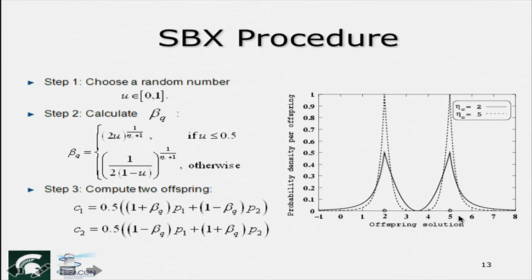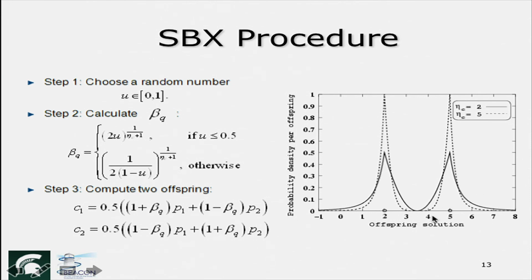So if you have 2 and 5, 2 plus 5, 7 by 2, 3.5 has a 0 probability to be created as a child. But slightly left or right of that is okay. There is a probability, and then there is a finite probability as you go away. As you are coming towards 2 and as you're going towards 4, the probability increases to its maximum. And then when you cross 5 and cross 2 on the negative side, your probability reduces down to 0 eventually.